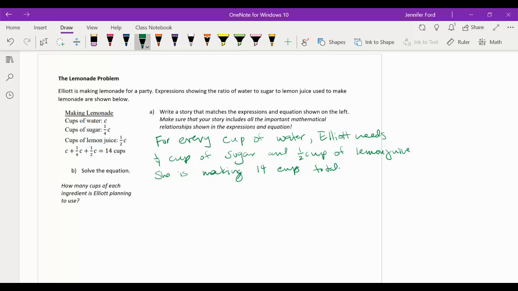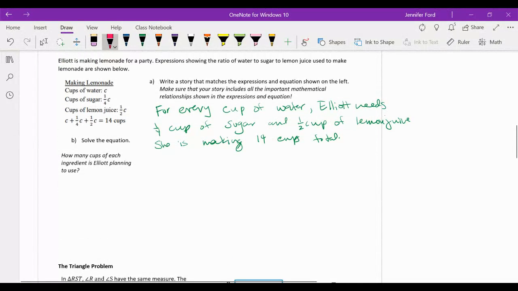All right, go ahead and solve your equation and figure out how many cups of each ingredient Elliot is planning to use. All right, for part B, I'm going to do C plus 1/4 C plus 1/2 C equals 14.